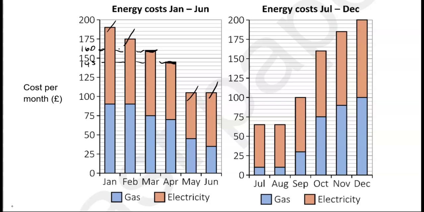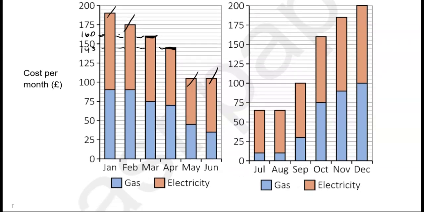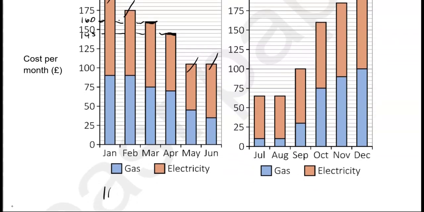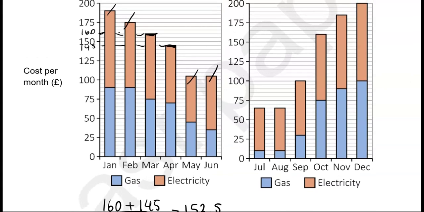So adding them two together and dividing them by 2 gives us 152.5. So that's the median.